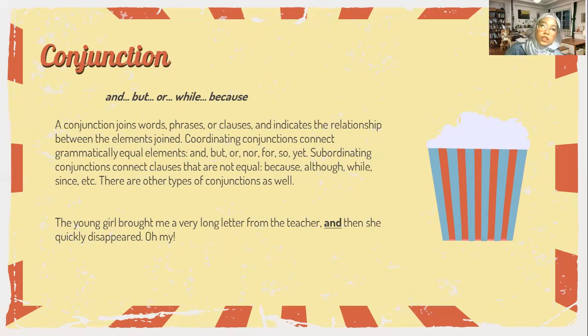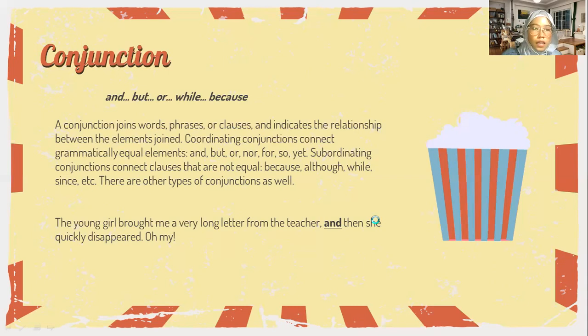Subordinating conjunctions connect clauses that are not equal, like because, although, while, since, and also another type of conjunction as well. In this sentence, the conjunction is and.